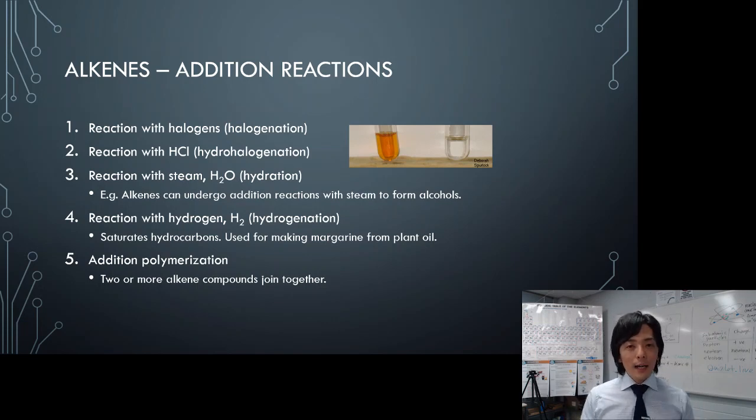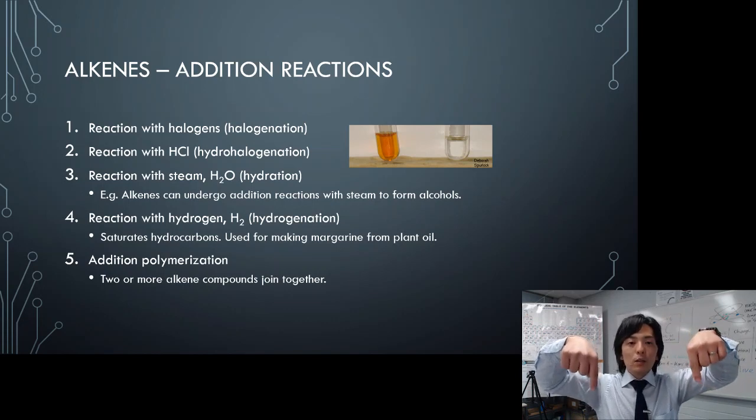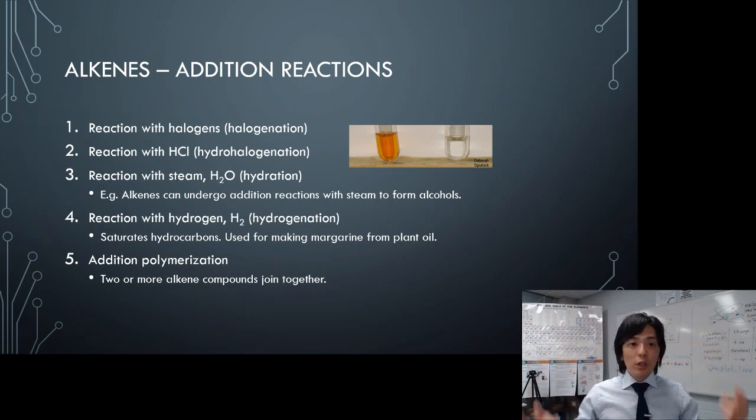H2O, hydration can be done if you use high temperature and steam. H could attach to one side, OH to the other. Eventually you make ethanol, or propanol, or something with OL at the end, so it's an alcohol.